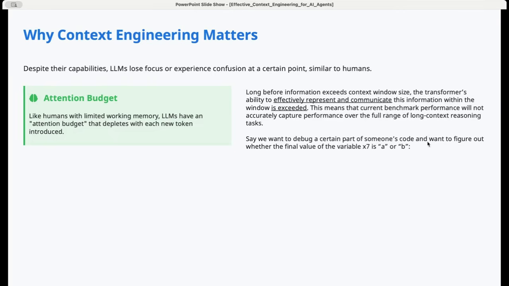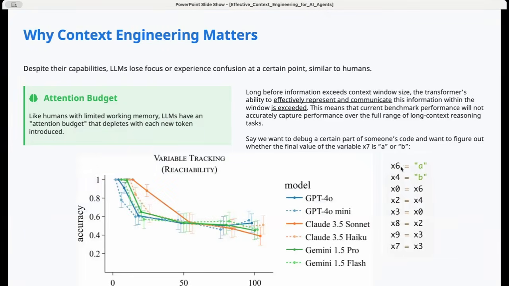For example, we want to figure out what the final value of this variable is. Say you have a series of variables like x6 equals a, x4 equals b, and then x0, 2, 3, 8 equals all these variables. This is a sequence of variable assignments.